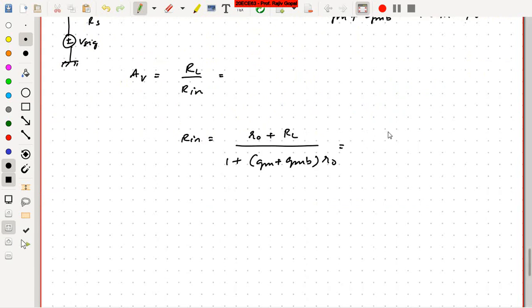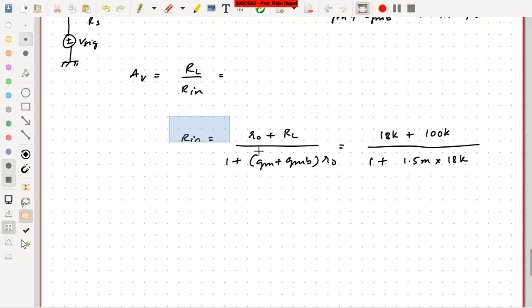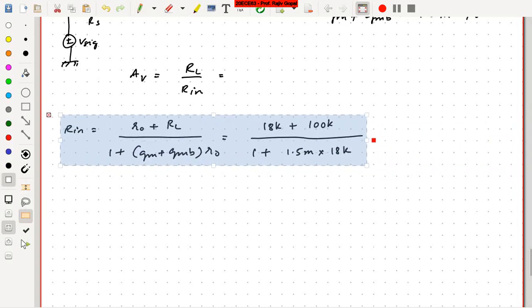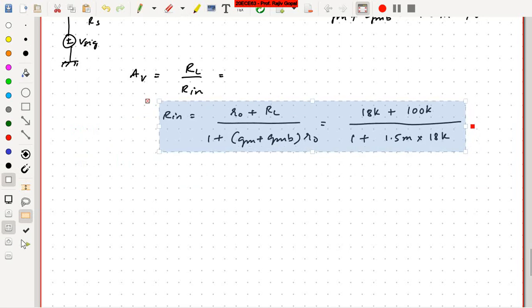So all the other values you already know. R0 is 18 kilo plus RL is 100 kilo divided by 1 plus GMB is 1.5 milli into R0, which is 18 kilo. Okay, so from this you will get Rn value.